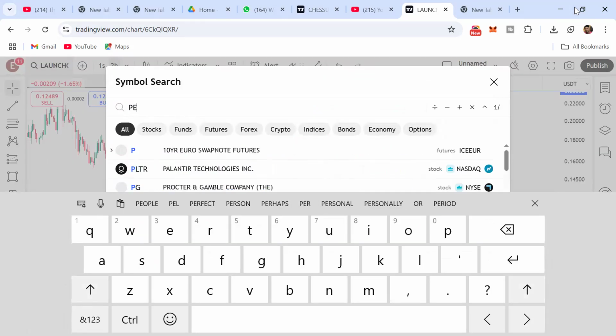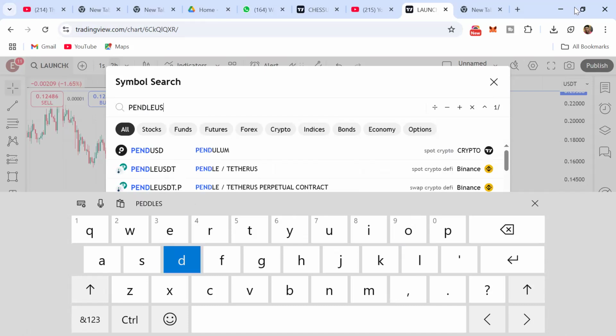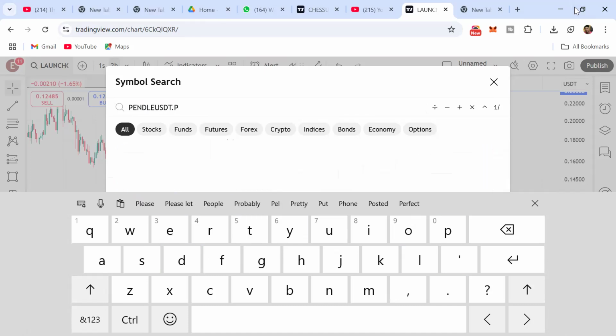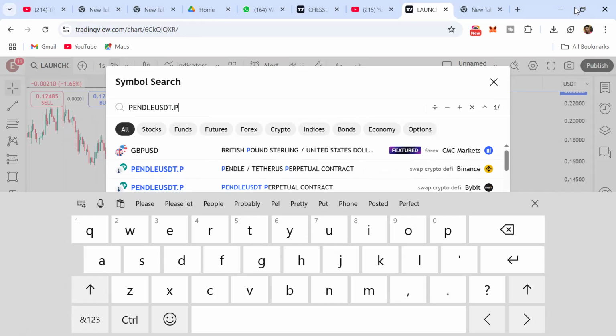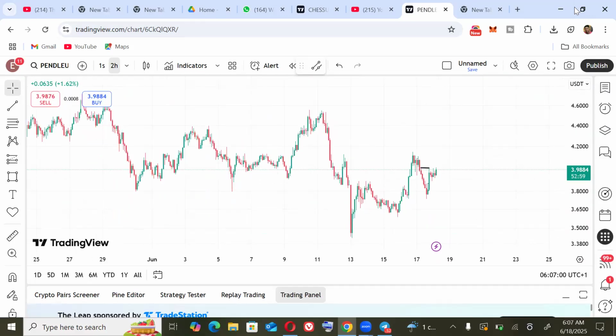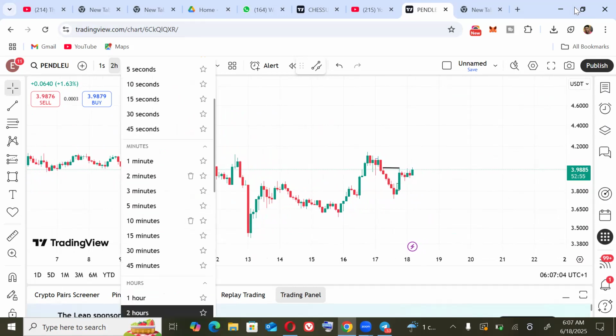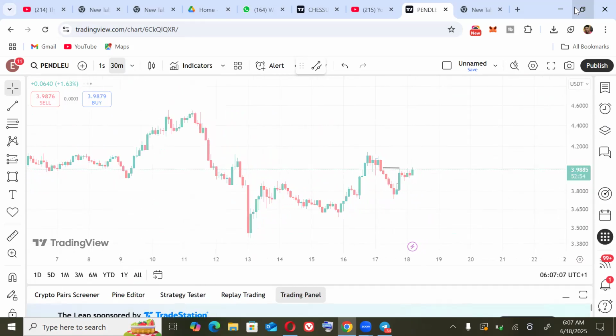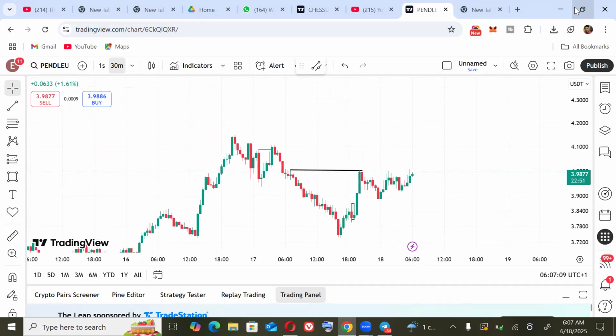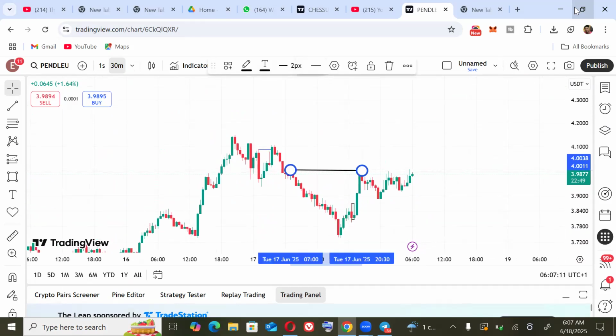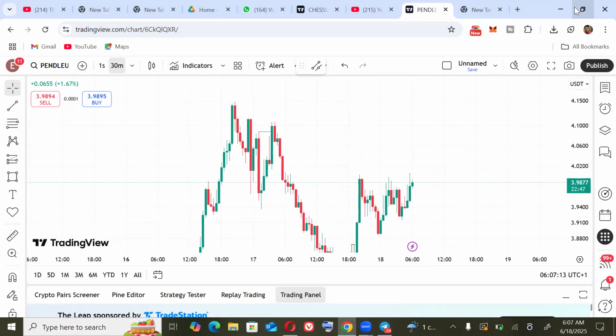I gave this as a trade. I'm patiently waiting for price to look at my fair value gap right here.